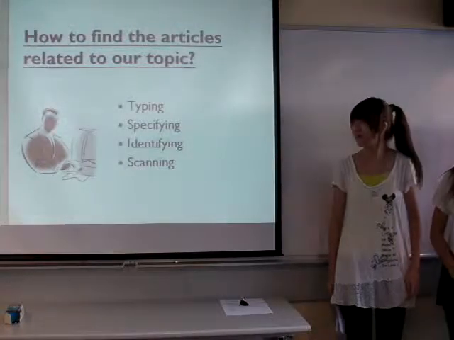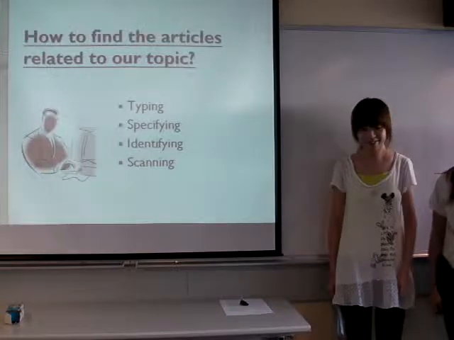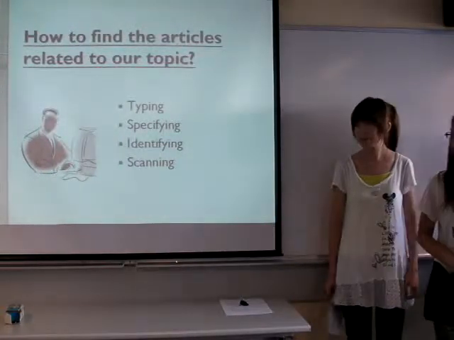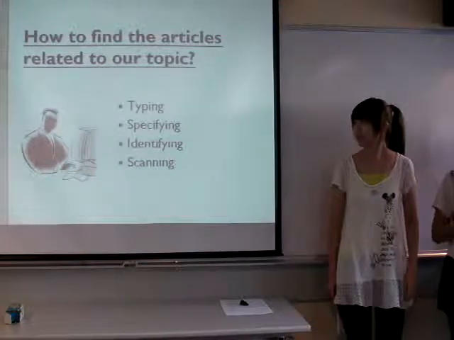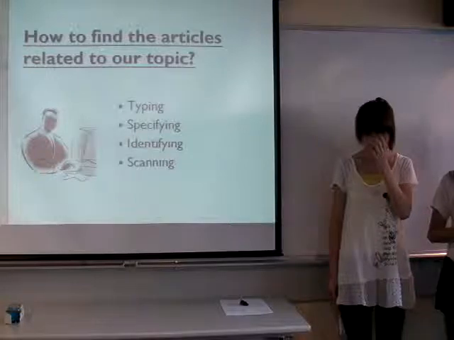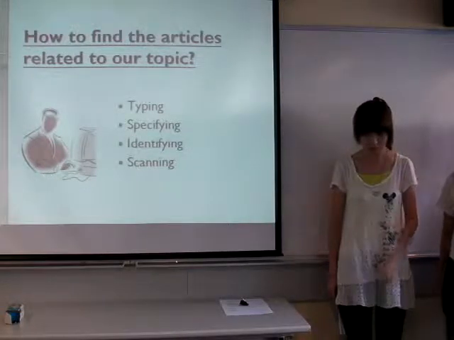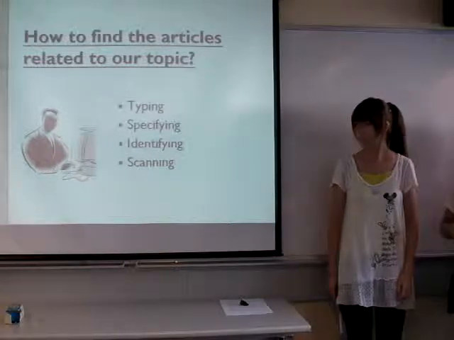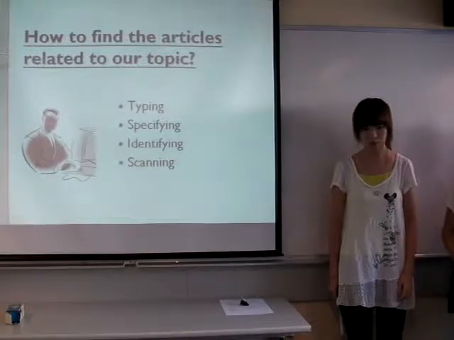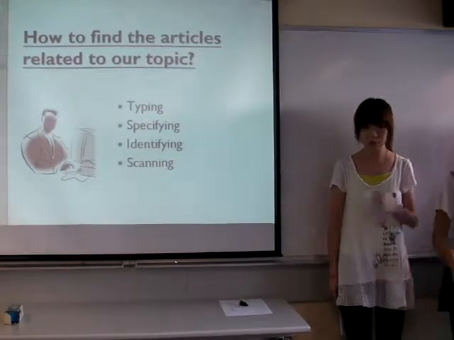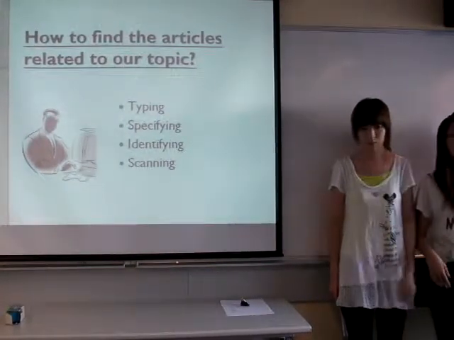How to find the articles related to our topic? We have several processes. First, we type the name, just like air pollution, in a search engine, and then the website will show lots of related websites for us, but we have to specify what we need.